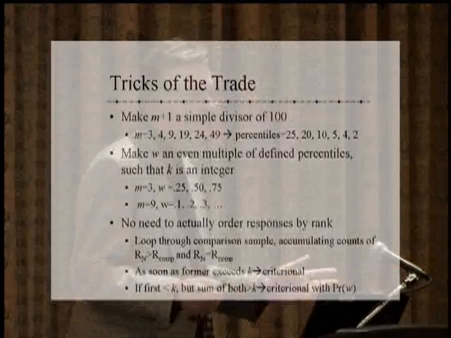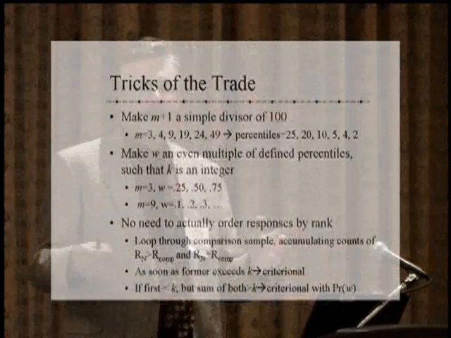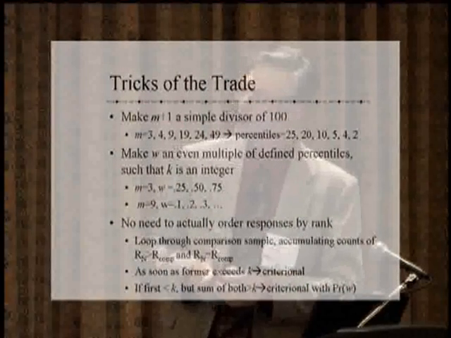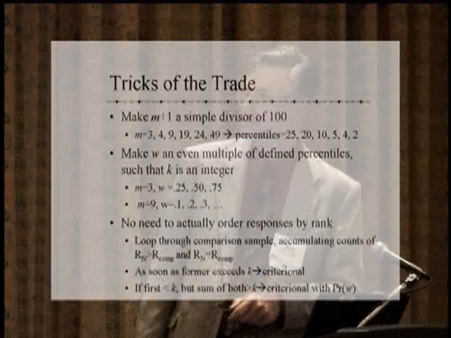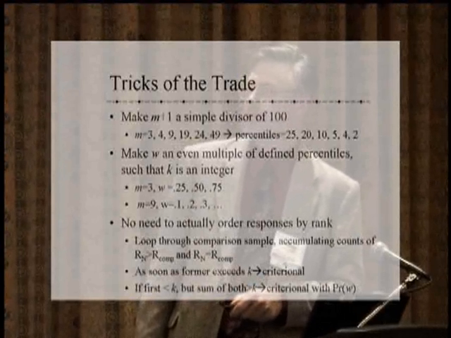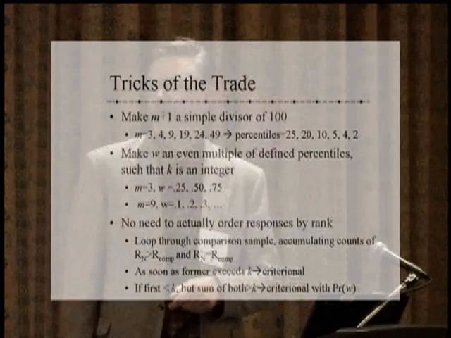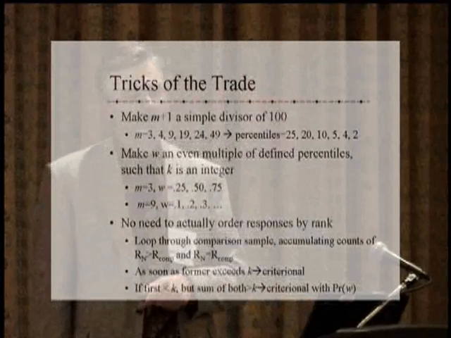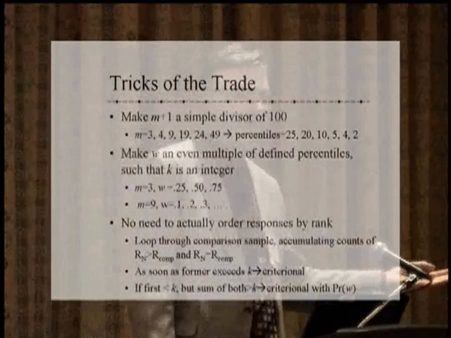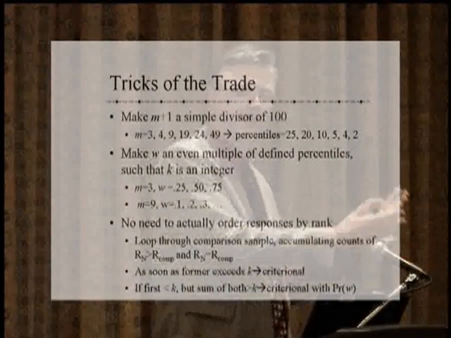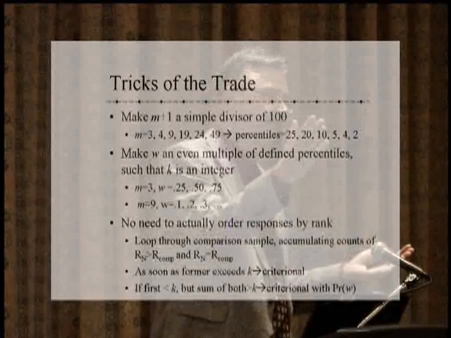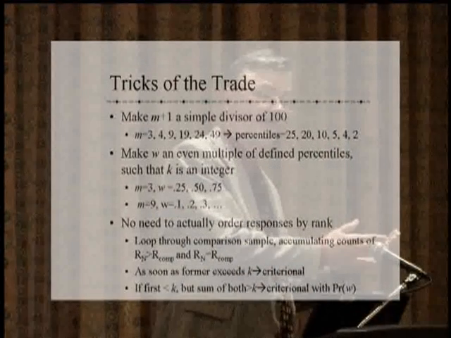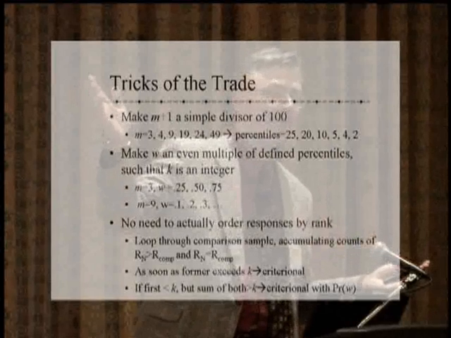And the third trick of the trade is you don't actually have to even rank the responses. All you do is you keep your daisy chain, and when a new response occurs, you loop through the comparison, accumulating counts, comparing the current response with the one in the comparison memory. Each time the current response beats the comparison response, increment a counter. Each time it ties the comparison response, increment a different counter.